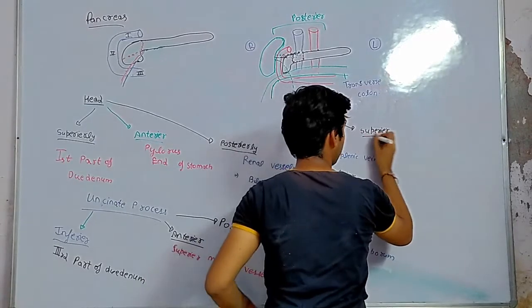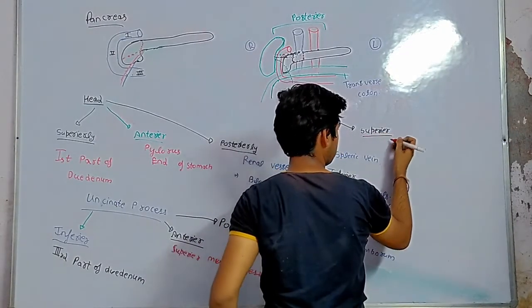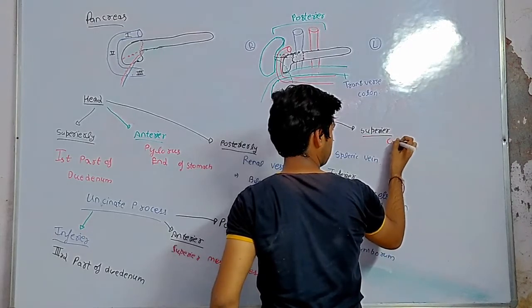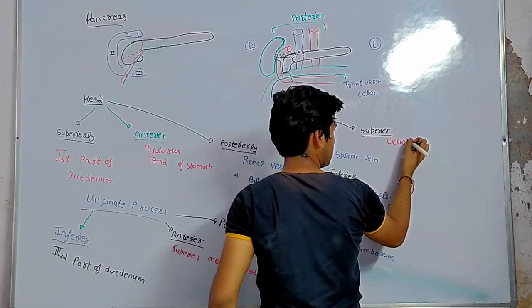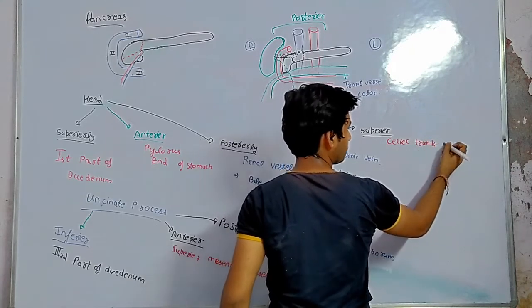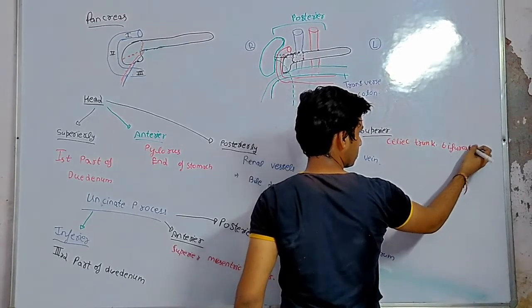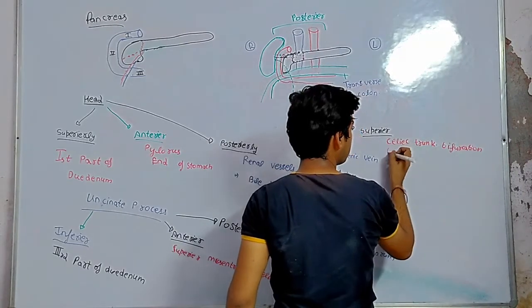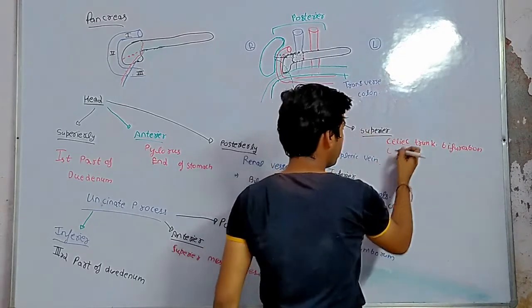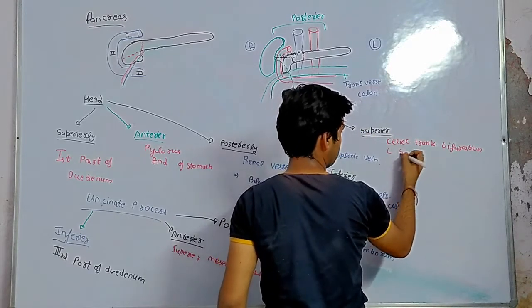In the superior relations we can write celiac trunk bifurcation. The splenic artery also comes.